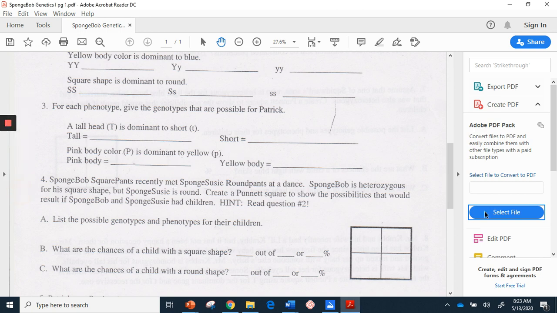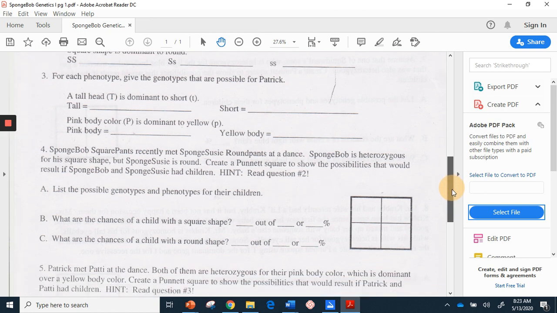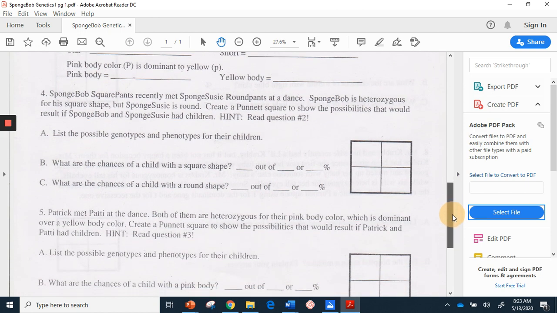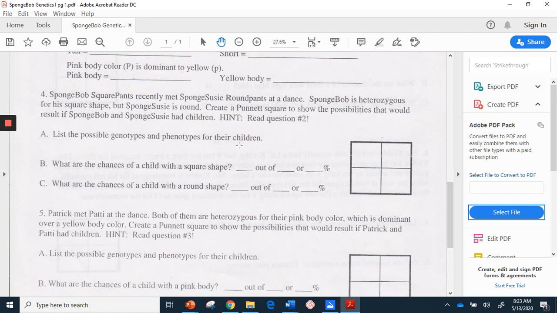All right, here's where it gets fun. We're going to get into some word problems, figuring out the genotype for, in this case, Bob and Susie, and probability and genotypes, phenotypes, if they had children.